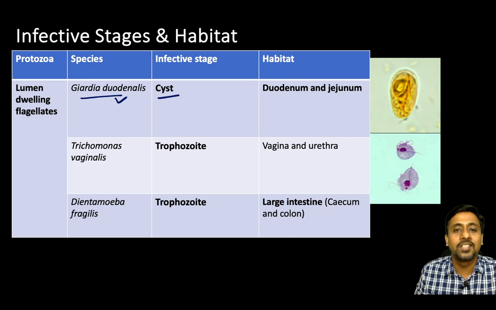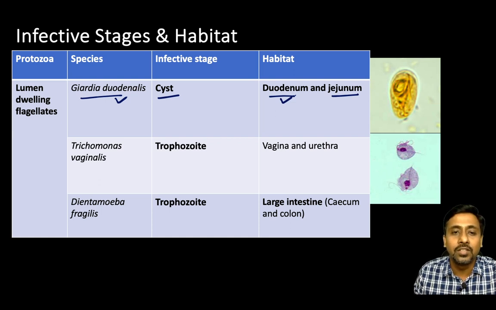The common habitat is the duodenum and jejunum, the upper part of the small intestine. The name duodenalis suggests the commonest part is the duodenum. And if you remember, the cyst of Giardia duodenalis is again quadrinucleate. However, in the immature state, you may find two nuclei, like in Entamoeba histolytica.